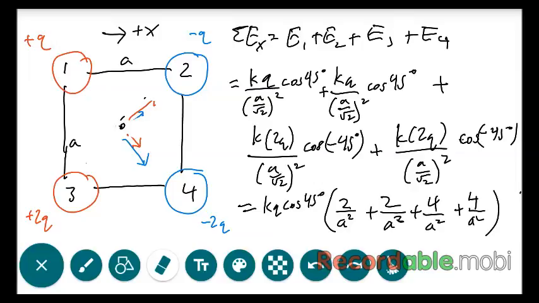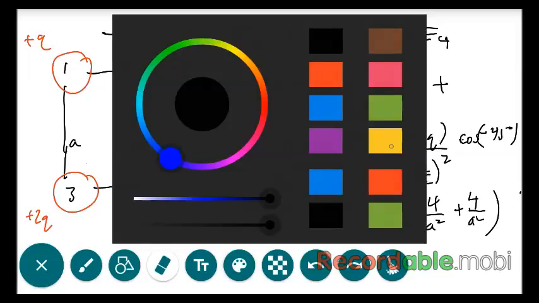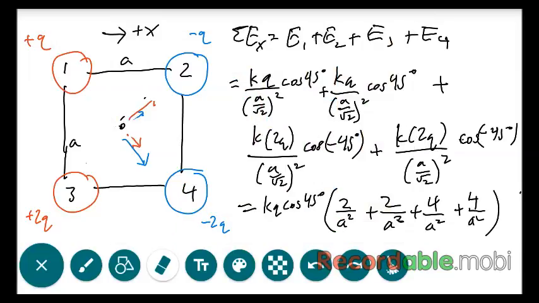We're going to sum up all our fields, but instead of using the x component, we're going to use the y component. Really, all that changes is cosine 45 degrees turns into sine 45 degrees, since we're finding a vertical component. Then if you look at this diagram that I've drawn with all the forces in it, I'm going to use another color here.